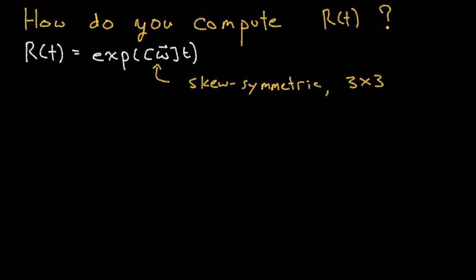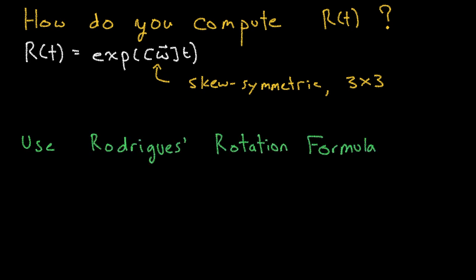So fortunately, there's a very efficient closed form answer to this problem when A is a 3x3 skew-symmetric matrix. And it comes to us via a thing called Rodrigues' rotation formula. Let's look at how to compute this. We're going to start by multiplying our angular velocity vector omega by time, t.